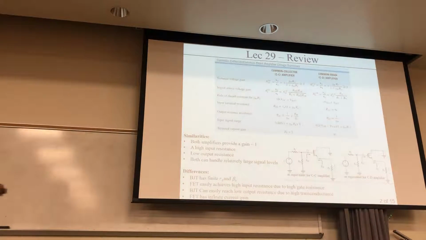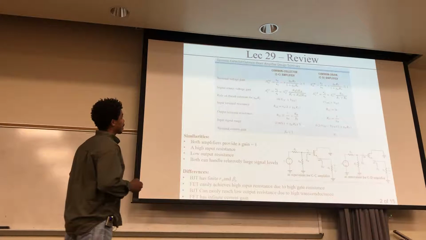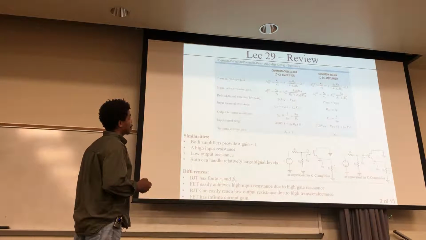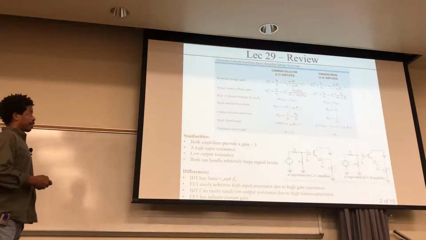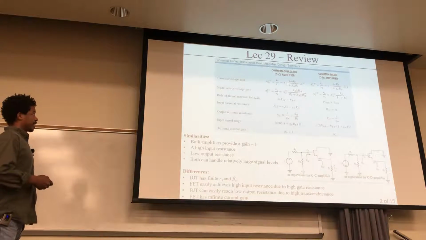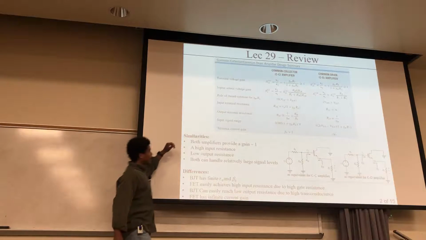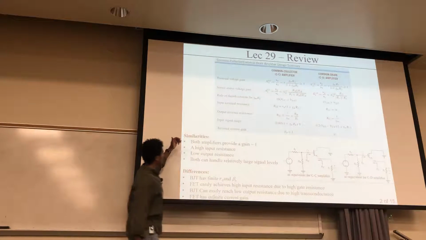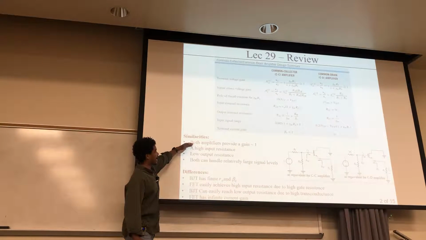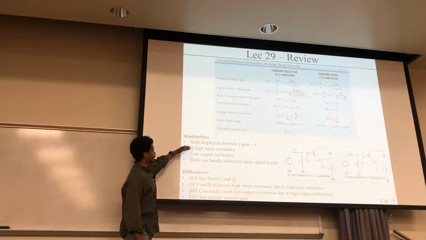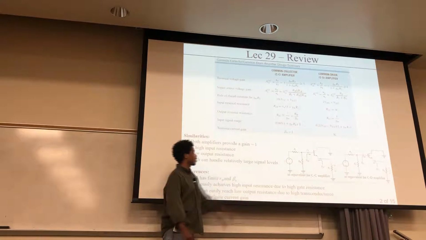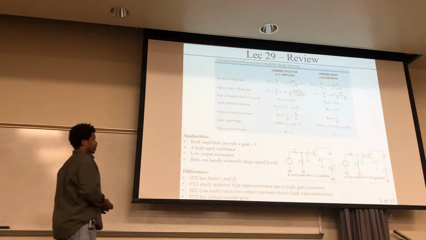So, review. For the last lecture, we looked at the common collector amplifier and common drain amplifier. We summarized a certain number of their characteristics and looked at the similarities. They both provide a gain of about 1. They both have high input resistances, low output resistances, and both can handle a relatively large range of signal levels.